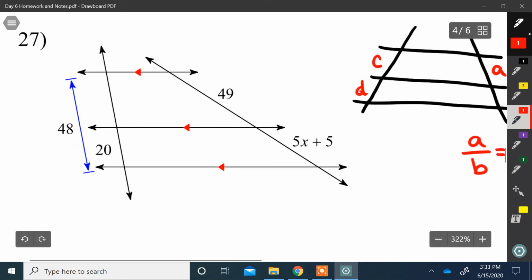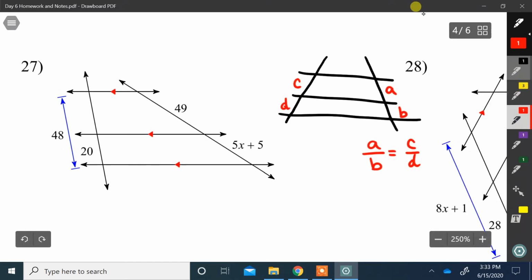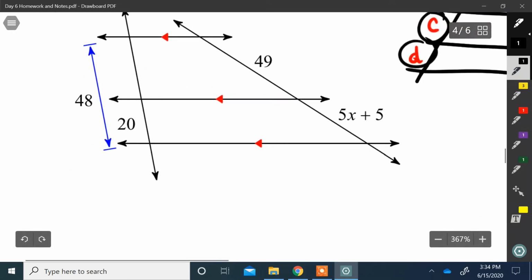But honestly, it's very easy. This one always goes with this one on the same line, and this one always goes with that one right there.